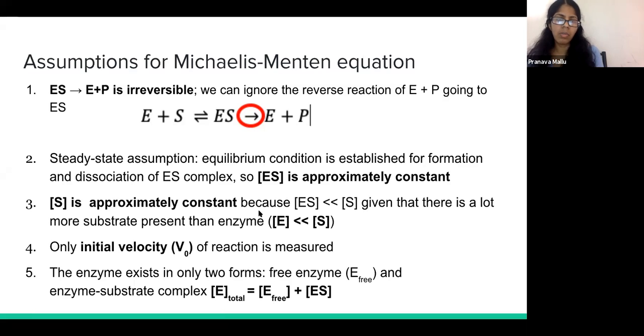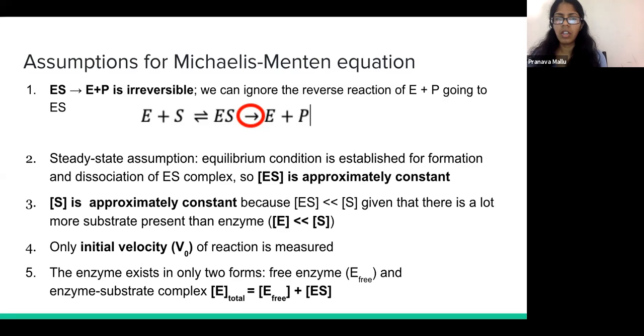The third assumption is that the substrate concentration is approximately constant, just because in enzyme kinetics, you have so much more substrate than enzyme that even if you're using up substrate to make product, you're basically not making much change. Again, you can think of this as measuring initial velocity at the beginning of the reaction.